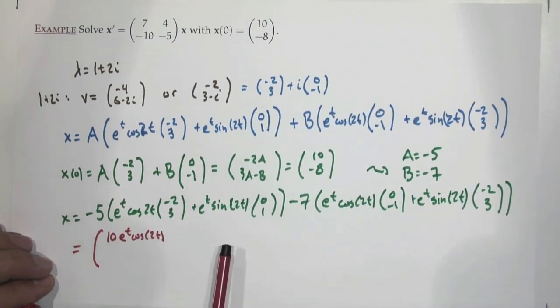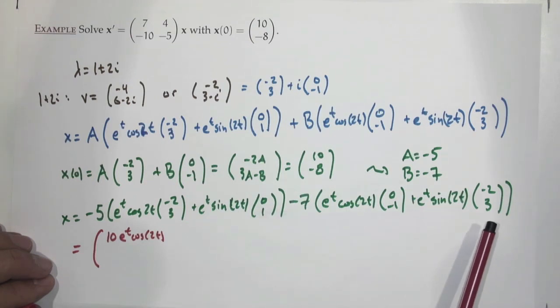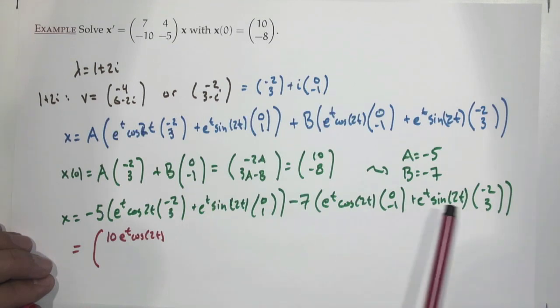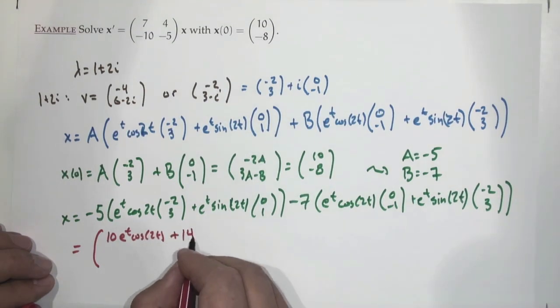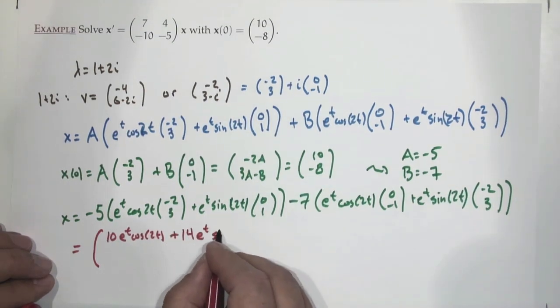How about e to the t sine 2t's? Nothing there, and plus 14. All right, don't forget about that -7. Plus 14 e to the t sine of 2t.